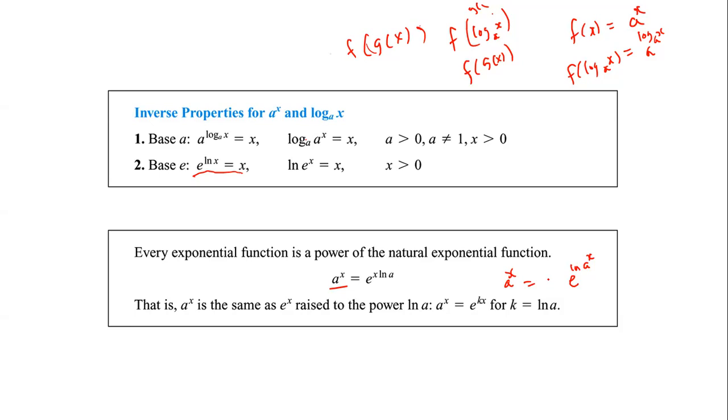So we can say a to the power x equals e to the power ln a, to the power x. This is the natural exponential function, with ln a as the exponent of e. So a to the x is equal to this, and this could be rewritten as e to the x ln a, which is this one, right?